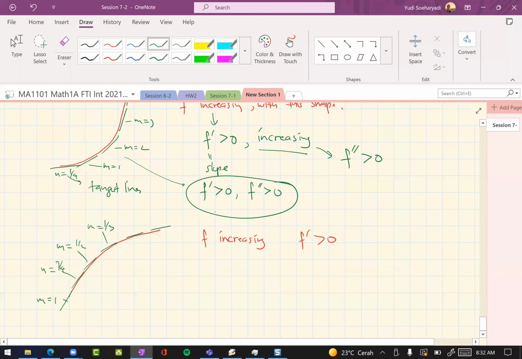So what can you say about the slope? 1, 3/4, then 1/2, 1/3, 1/4, and then going down. So it becomes smaller. So this is decreasing.